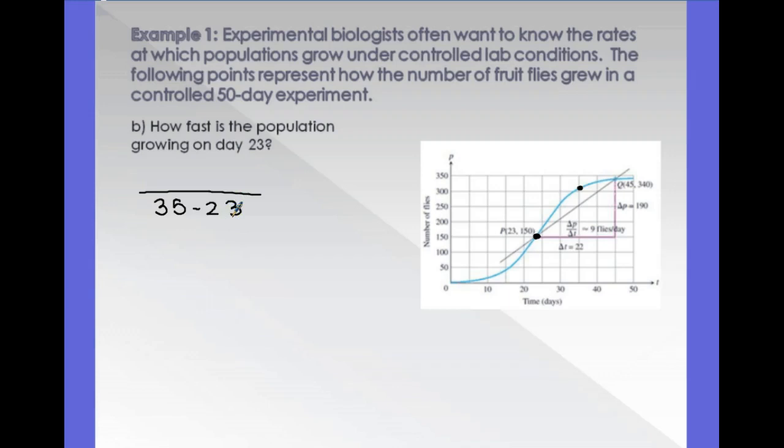So you have to go to your graph, and you kind of predict. So at day 35, I'm predicting, I don't know, I like nice numbers. So maybe I pick 310. So you take 310 minus 150, so you get 160, and 35 minus 23 is 12. So 160 divided by 12 is 13.3.